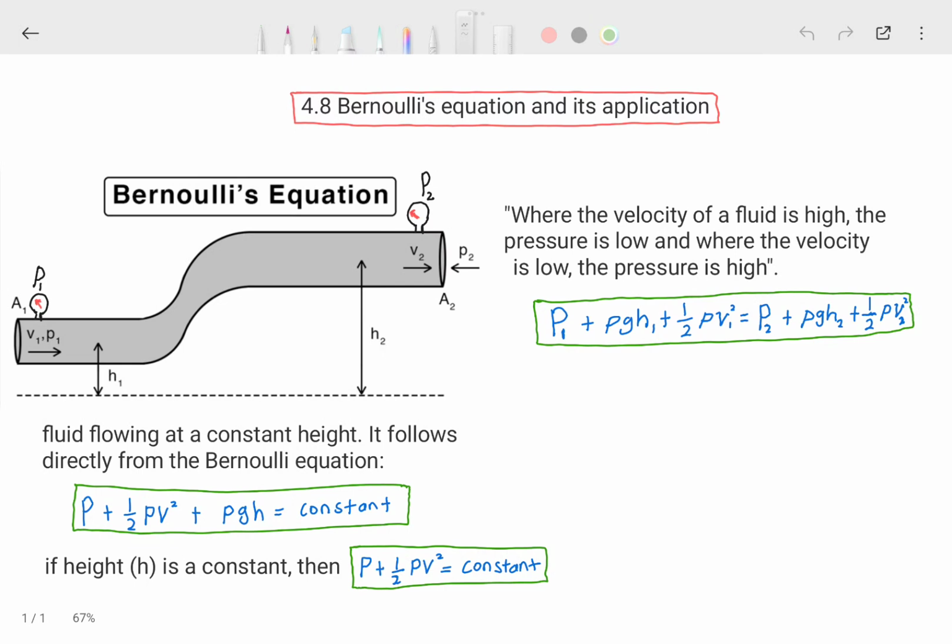This is true for a non-viscous fluid flowing at a constant height.